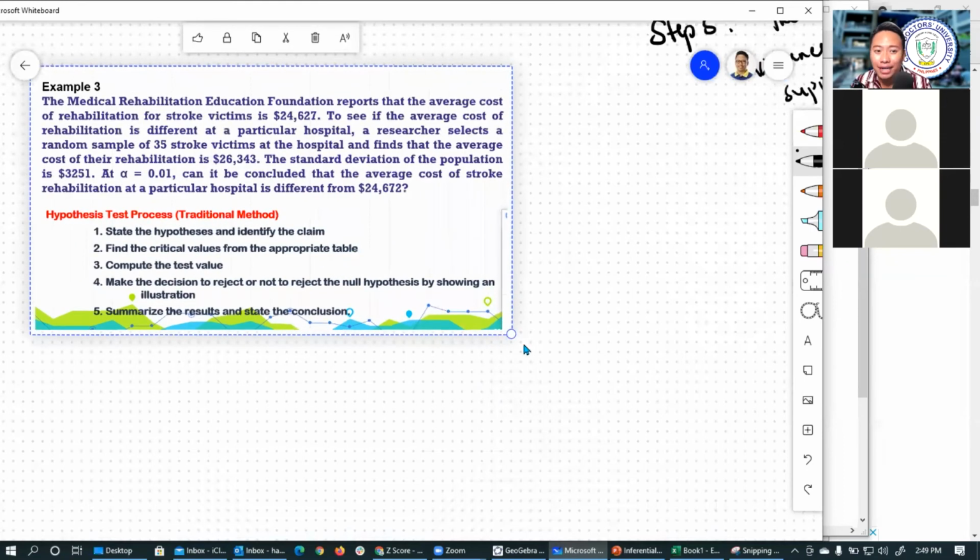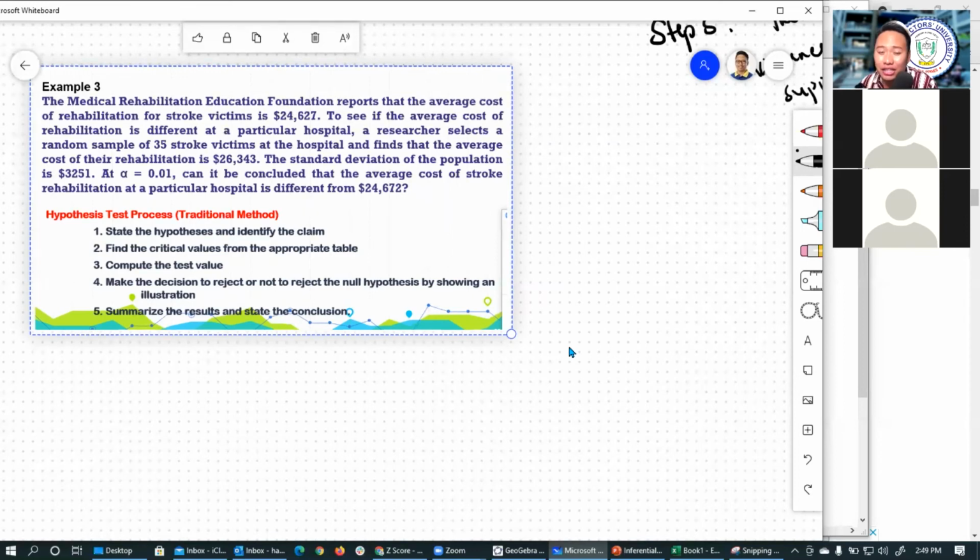A medical rehabilitation education foundation reports the average cost of rehabilitation for stroke victims is $24,627. To see if the average cost of the rehabilitation is different at a particular hospital, a researcher selects a random sample of 35 stroke victims at the hospital and finds that the average cost of their rehabilitation is $26,343.